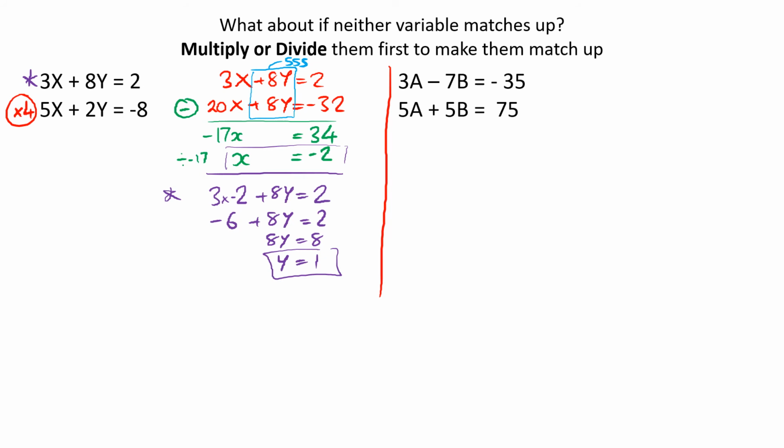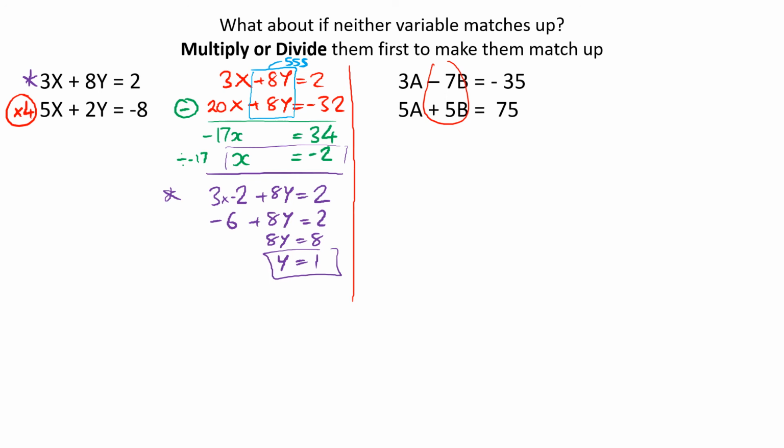What about this second one? Well, this one you do have to multiply both of them. The reason we have to multiply both of them is that, apart from using decimals, there's no nice way to make 5 into 7 or 3 into 5. So I'm going to make the b's the same this time. It's generally nicer to make the second variables the same.